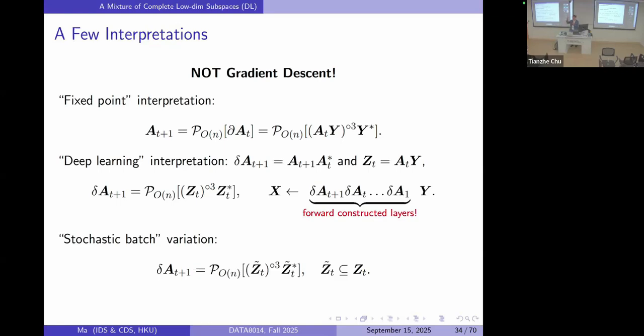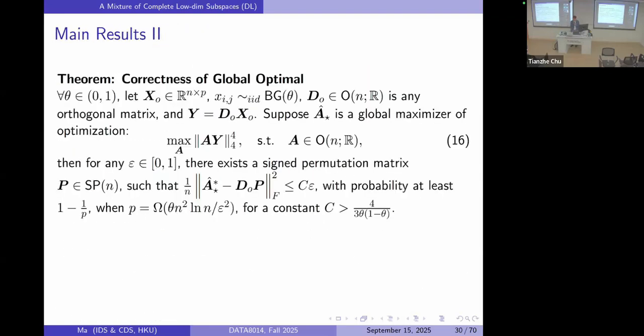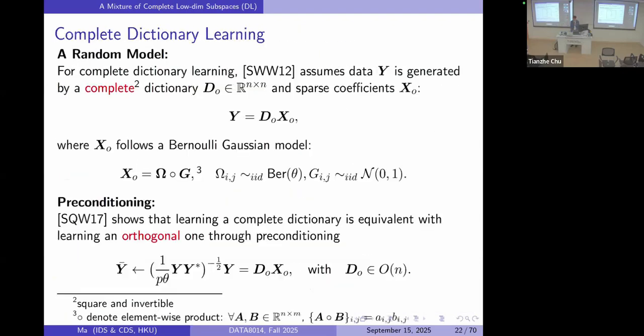We have already seen one such algorithm before, right? You have seen a fixed point algorithm already.